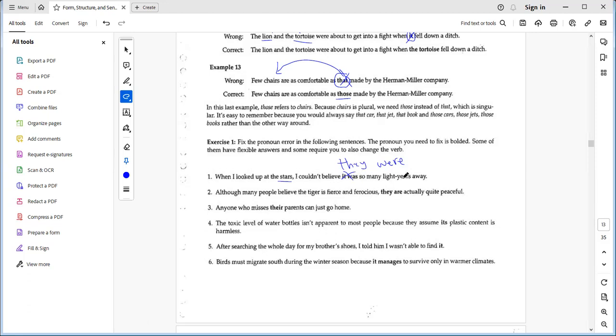Let me tell you an example that will come in the test. And we answered one of them yesterday. I'm gonna give you choices. It was, they were, those were, these were.